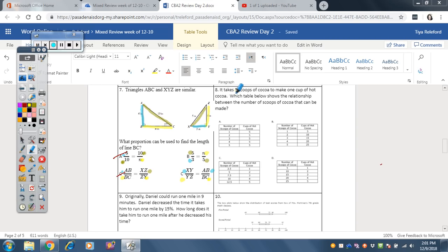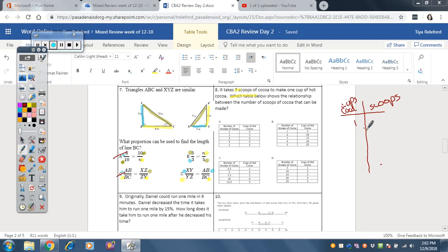Number 8, it says it takes 5 scoops of cocoa to make 1 cup of hot cocoa. Which table shows the relationship between the number of scoops of cocoa that can be made? Which table? For this, I just like to make my own table. Cups of cocoa and scoops.